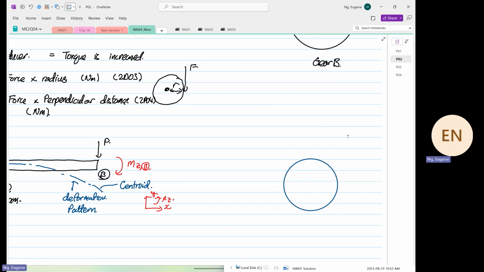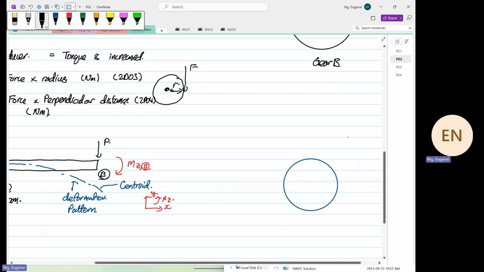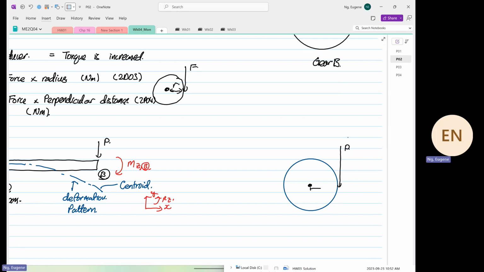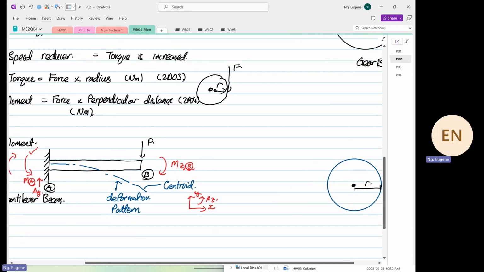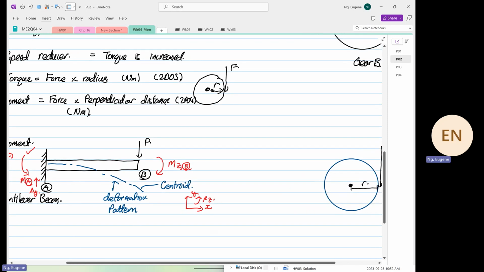Okay, watch this. When the torque is applied, over here, this is our center. This is our force, P, right? And then we have a radius, yes or no? In a moment, we also have a force, and we call it a moment because this is applied perpendicular to the centroid.